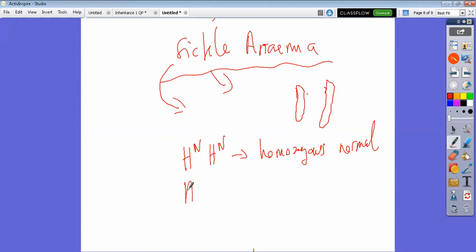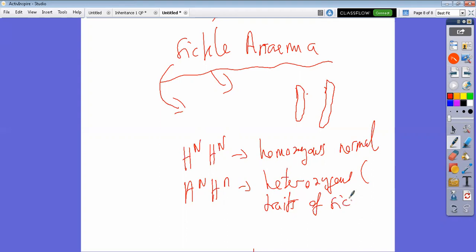Then this one with a small n is heterozygous. So this person has some traits of sickle cell, but they don't have sickle cell. Clear? Are we together?